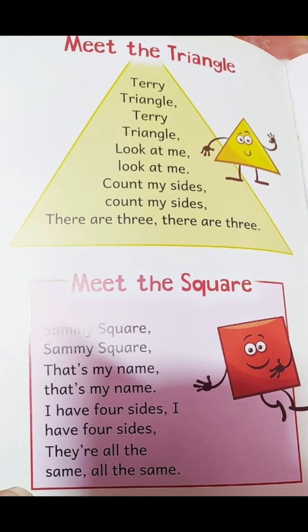Terry triangle, look at me, look at me. Count my sides, count my sides. There are three. Semi square, that's my name, that's my name. I have four sides, I have four sides. They are all the same.